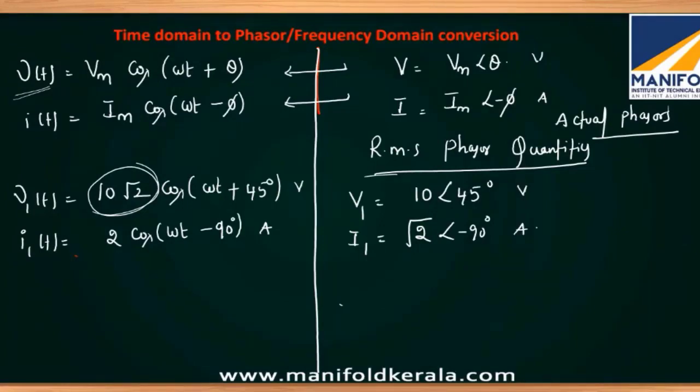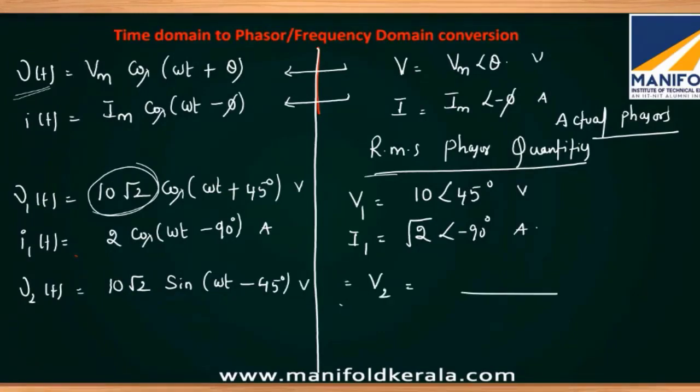I want someone to tell me the exact phasor value. You can unmute and tell me. v2(t) = 10 root 2 sine(omega t minus 45), so many volt. How can I write V2 equals what? What is the phasor value for this time domain signal?